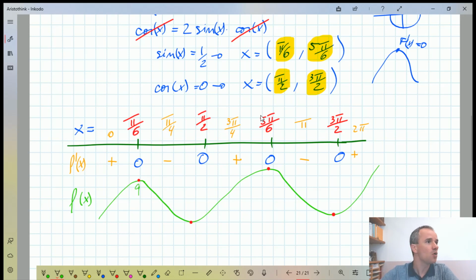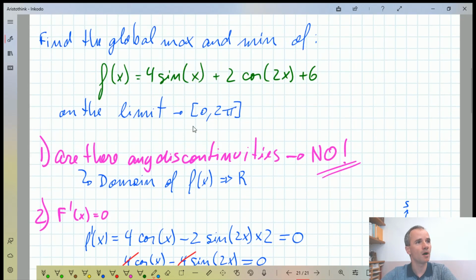What else? I'm also going to use a 0. Let me put it like this. Those are the boundaries, okay? This is going to be the 2 pi and this is going to be the 0, because those are the boundaries. Remember, we have to study the boundaries.